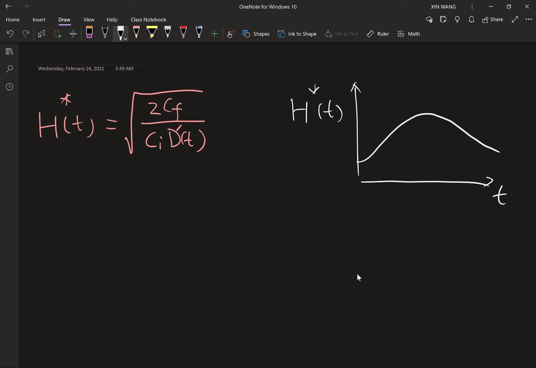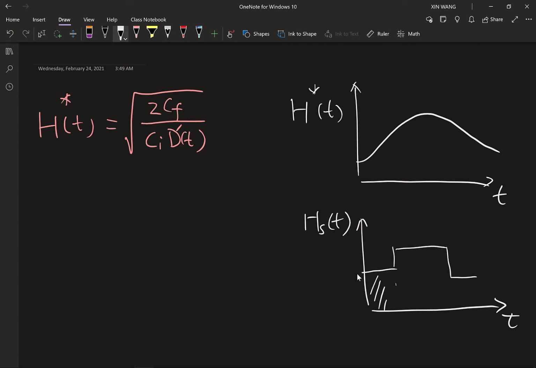But as we assumed in the beginning, what we really need is the step function for the headway, which is a combination of multiple squares. So the critical issue is that if we estimate an optimum headway function, how can we find the corresponding step function?